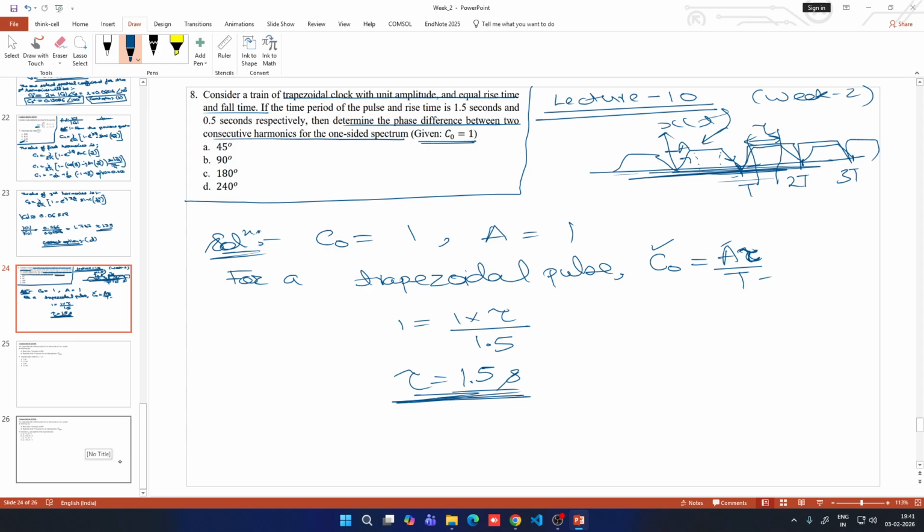Now we know that for a given trapezoidal pulse, the phase is, for the derivation you can refer to lecture 10, because now time is less, I can't derive it.